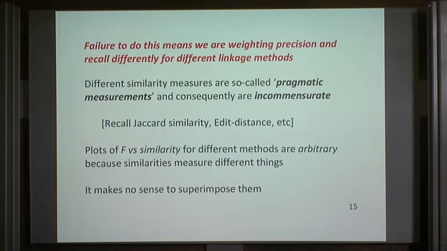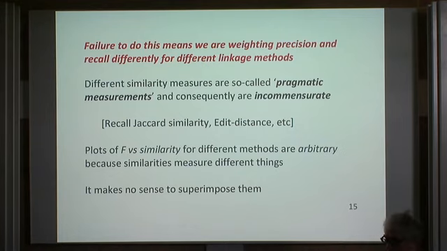Now, the different similarity methods, Peter defined a couple, Jaccard's similarity, edit distance, there are others as well. They're fundamentally different, they're incommensurate. What this means is that if you plot a graph of the F measure against similarity, they're not really related to each other because the similarity measures are different.